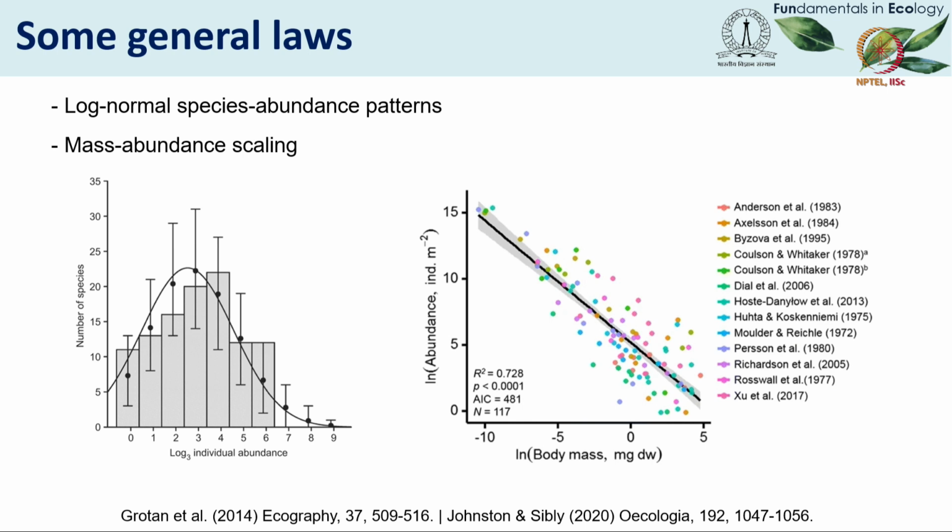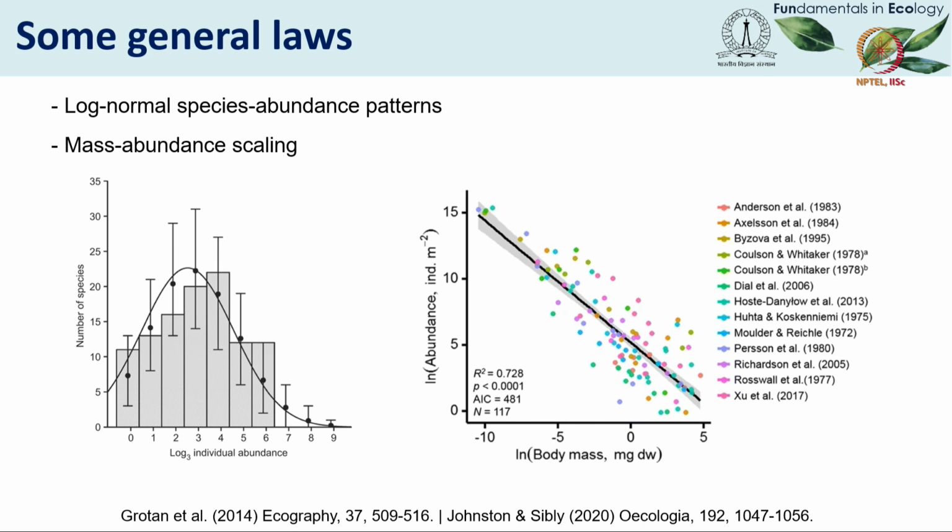So that's called a log normal species distribution pattern, and you can see that on the left over here, where if you take the log of abundance or log of density, the log of population size of species, then the number of species which is on the y-axis that has a particular population size follows a normal distribution.